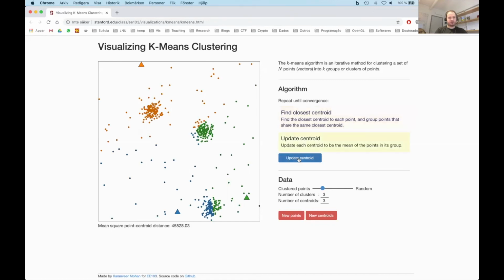So find the closest centroid. One thing you may see here is that the random initialization was a little bit different than what we discussed. It's perfectly fine. Instead of assigning random clusters to every point and then finding the centroids, they just threw around 3 random centroids in the picture, which is perfectly fine.